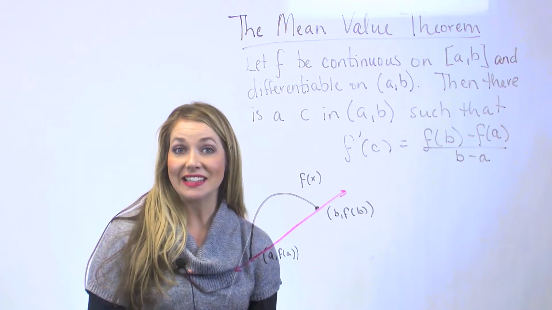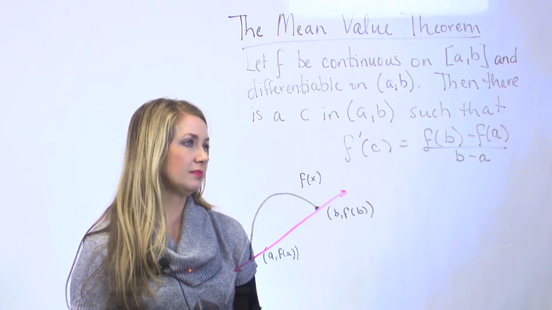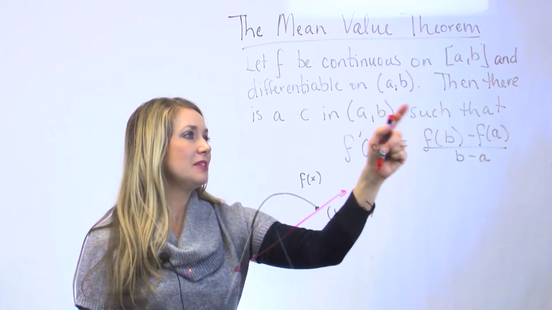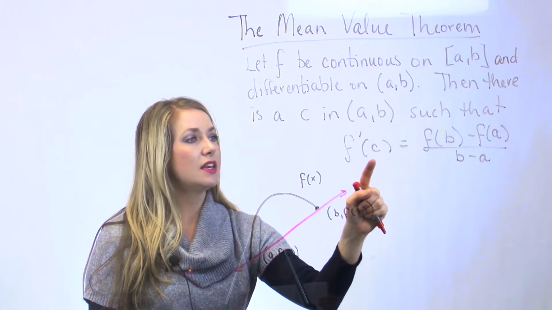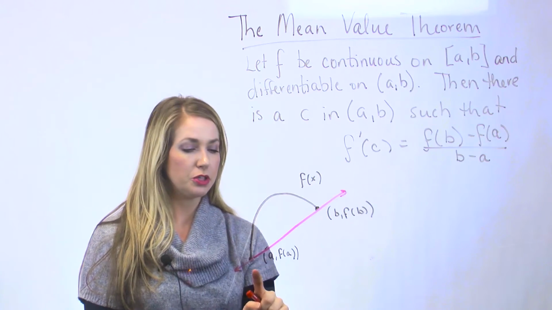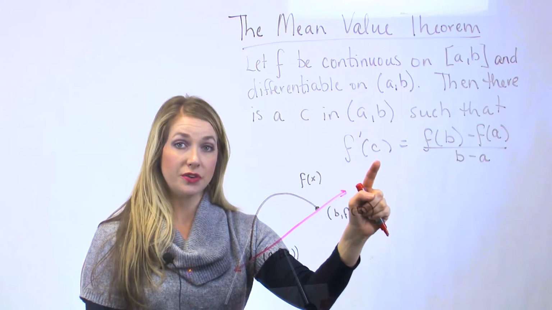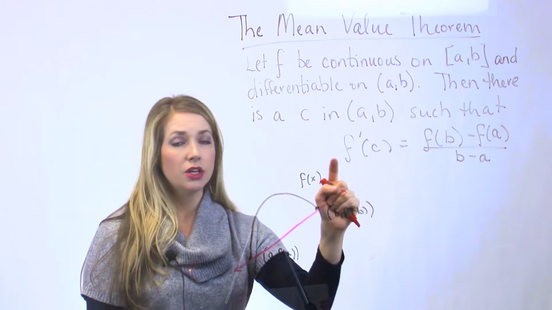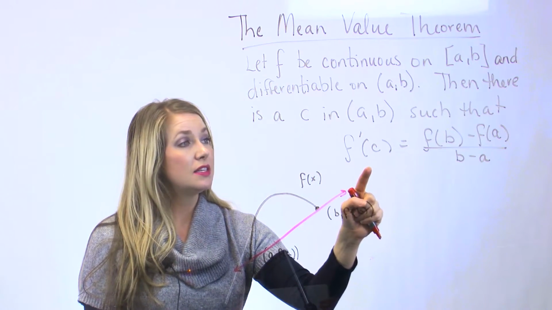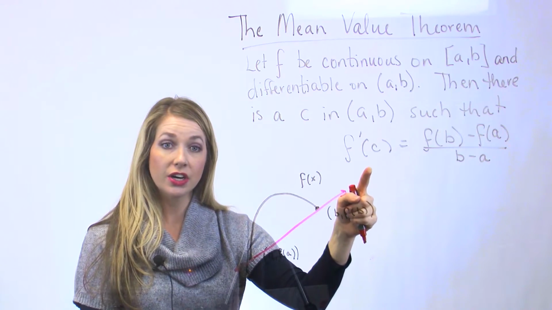It's the slope of a secant line to the curve. What the theorem is guaranteeing us is that there is another spot in the interval between a and b, another x value, where the first derivative is actually equal to that slope. You'll recall that the first derivative is the slope of the tangent line to the curve.